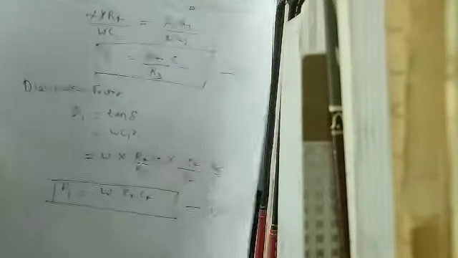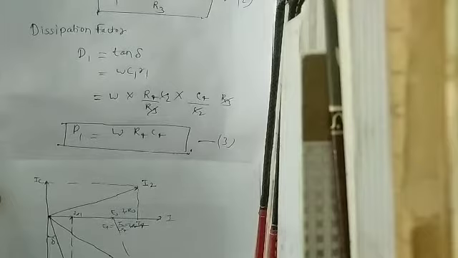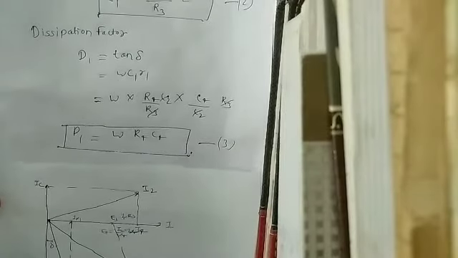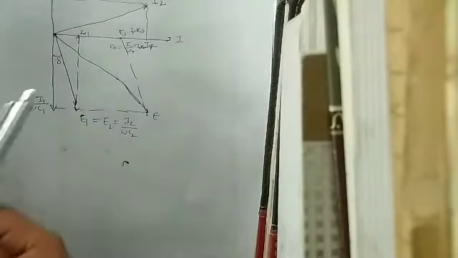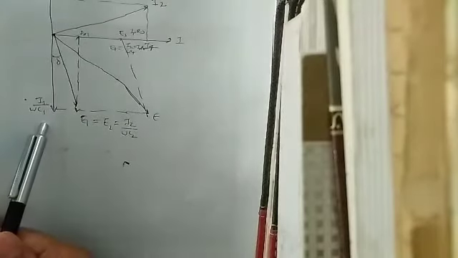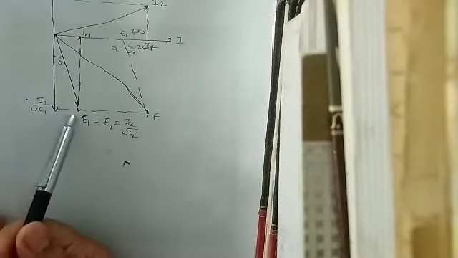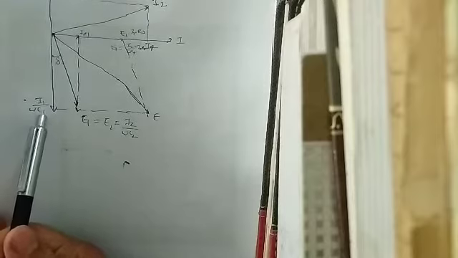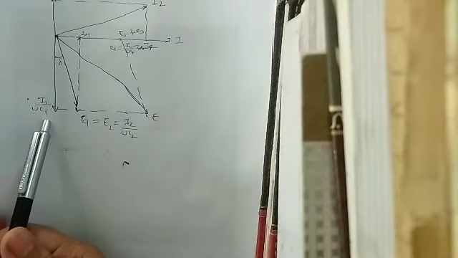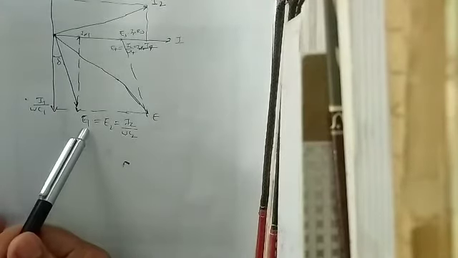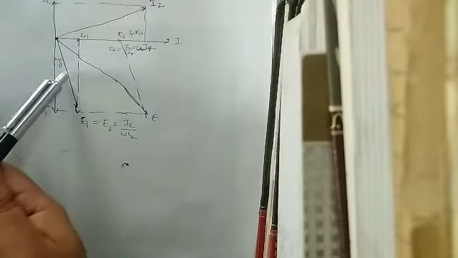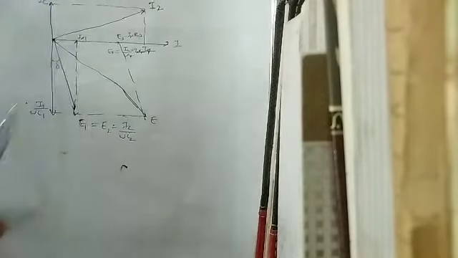Now we can see the phasor diagram for this circuit. Here we can see dissipation factor, which is basically a phase difference between E1 and E2. Here the value of E1 is I1 upon omega C1 and E2 is equal to I2 upon omega C2 and their phase difference is called dissipation factor.